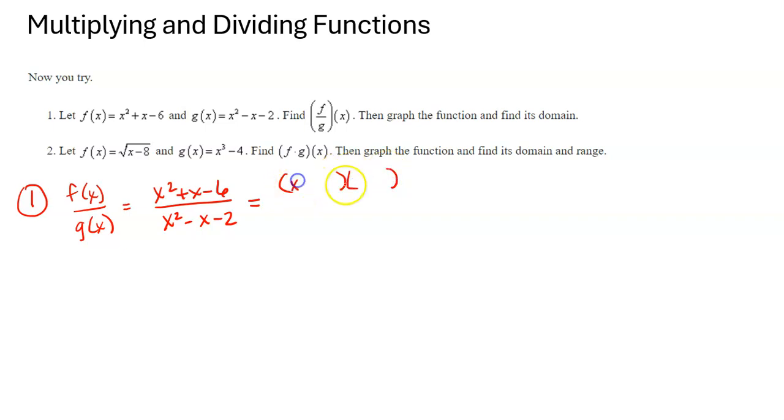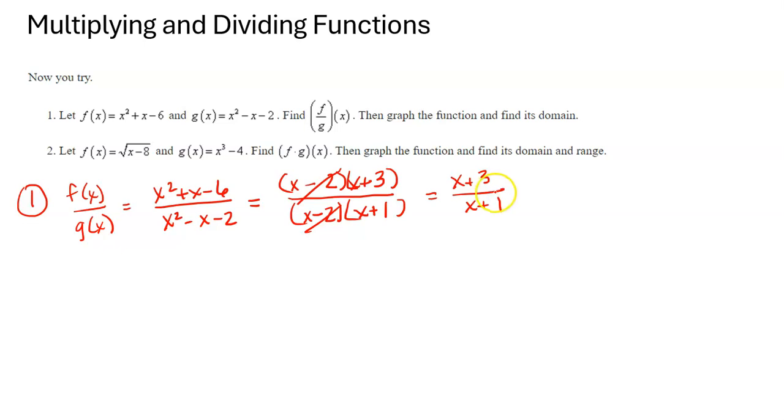So let's see, I put x and x, let's see, 6, 2, and 3. And since that's positive, that's going to be positive, and that's going to be negative. And then down here we have x, and 2 is prime, so we just have to figure out, so that's negative, so that's negative. Okay, now we can cancel this, and we get x plus 3 over x plus 1.